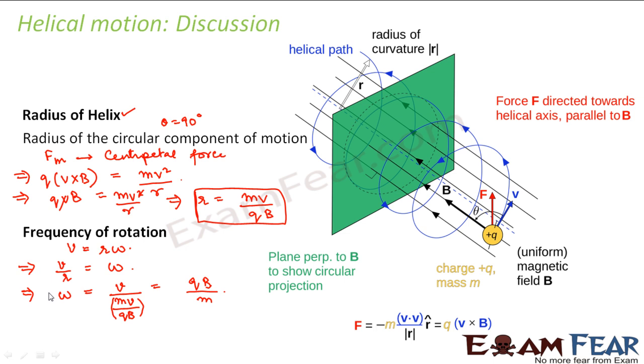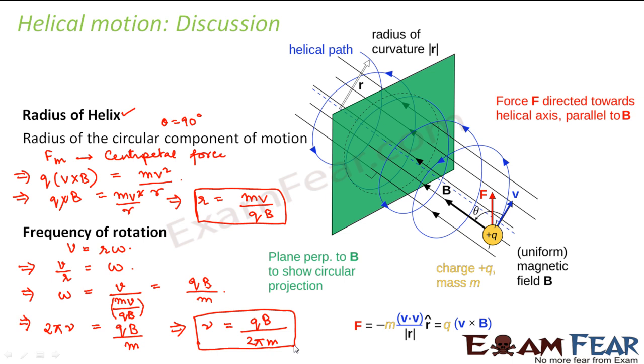This is the angular velocity, which can be written as 2 pi nu, right? So 2 pi nu is equal to qB divided by m. Therefore, frequency becomes equal to qB divided by 2 pi m.